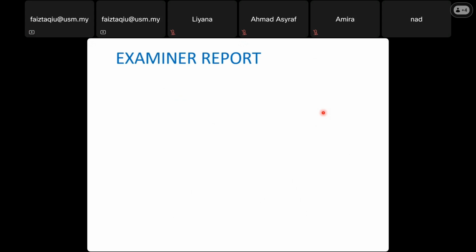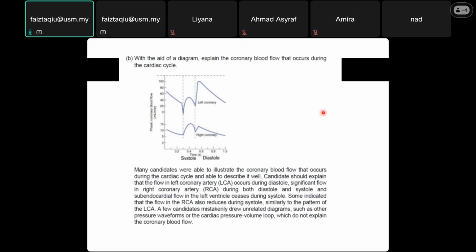Okay, this is the examiner report for B: with the aid of a diagram, explain the coronary blood flow that occurs during the cardiac cycle. This is an example of the diagram. When you draw the diagram, it should have labels for your axis and units as well. Take note that you have to put your axes correctly. Some candidates have them the other way around, and the marks are deducted.